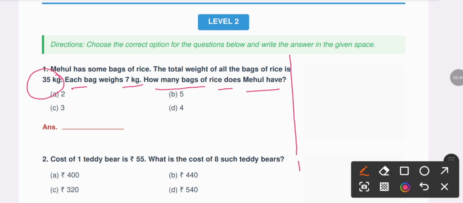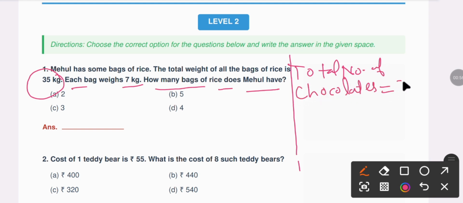Suppose the total number of chocolates is 35.